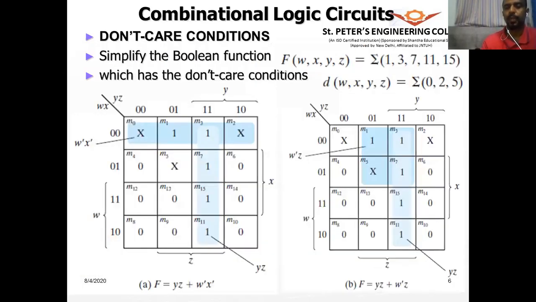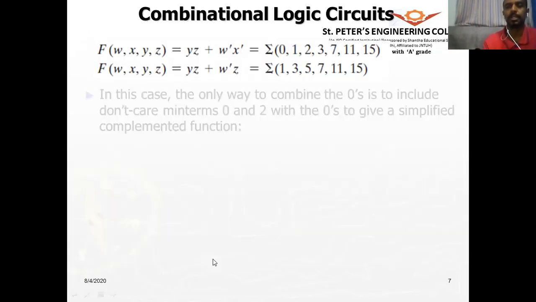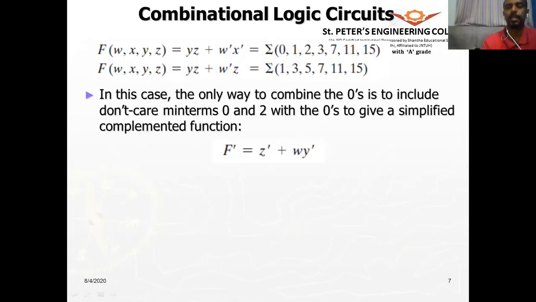To find the F complement, we have to take the zeros into consideration. By taking the F complement, that is the zeros, we get Z complement or W Y complement.